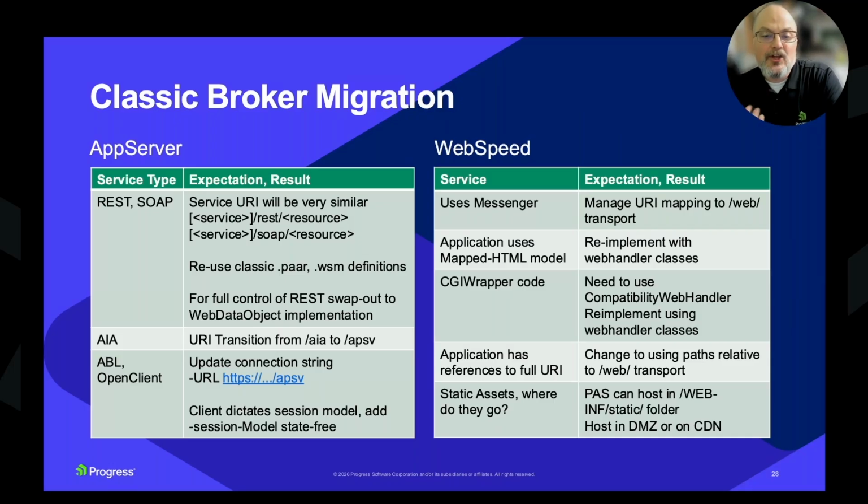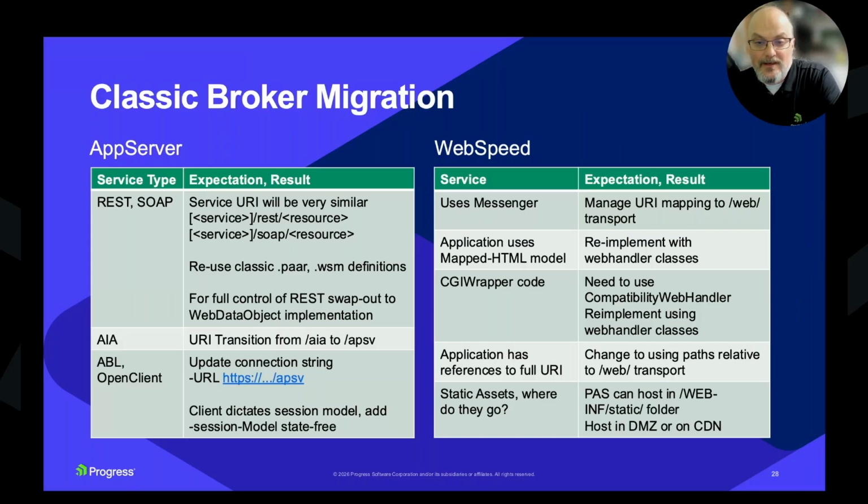Now, typically, you can take your embedded SpeedScript or your CGI wrapper code, maybe compile it to .r, because we all do that, and drop it underneath, or make it available to your PAS instance via PROPATH, and that should work just fine. Now, even if it does work first try, is there anything I can do better?